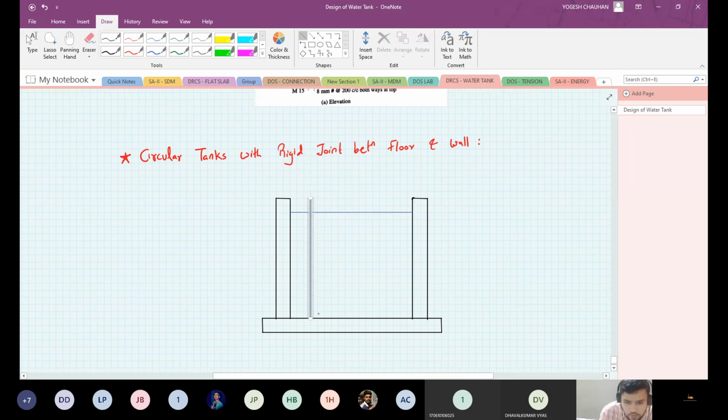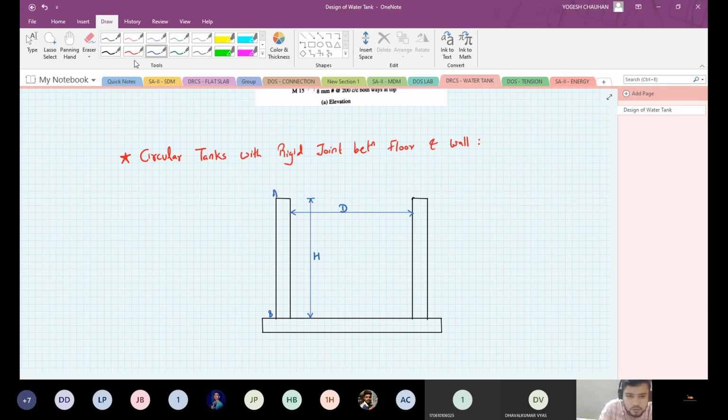Let it be the height of the tank. Let D be the diameter and H be the height of the tank. And let us consider this point as A and this as B.